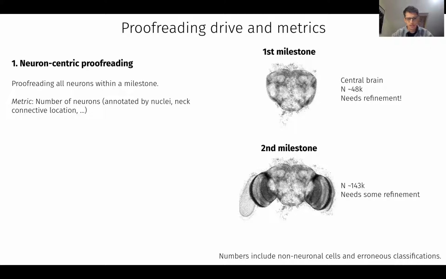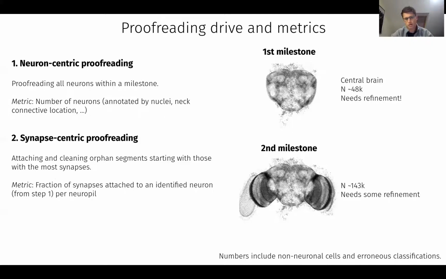And then as a second step, we are planning to look at fragments that have a lot of synapses and attaching them. Those have probably been missed during proofreading, or those that have a nucleus outside the segmentation. And there we can track progress by looking at how many of the synapses in a given brain region or neuropil are attached to a cell from step one.